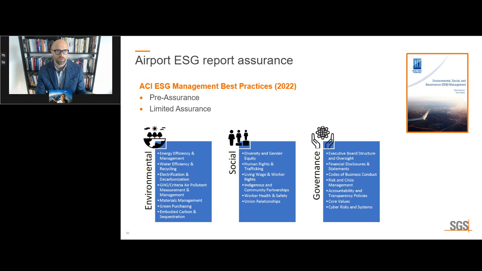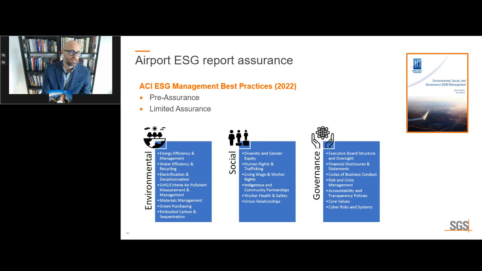We can actually issue a statement of opinion that says that we did not find any evidence to suggest that your results were not true. It's a financial approach to data instead of a greenhouse gas verification, which is very operational and ISO driven. But report assurance is also a great way to build confidence in your program.